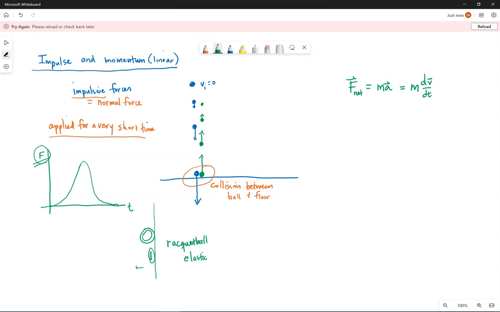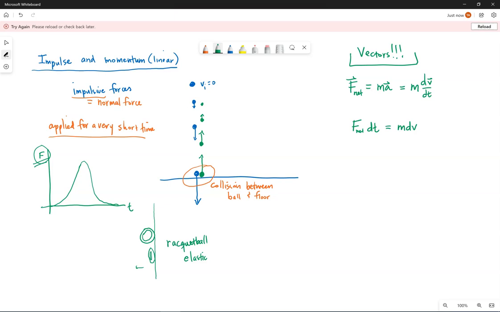If we bring dt to the other side, I'm going to be lazy and lose my vector signs, but force is a vector, acceleration is a vector, velocity is a vector, so just a reminder, vectors are here again.